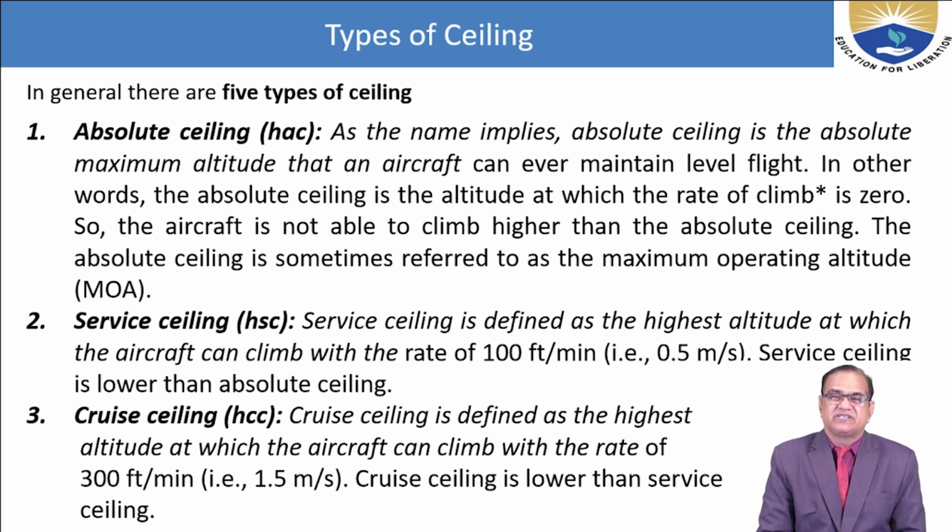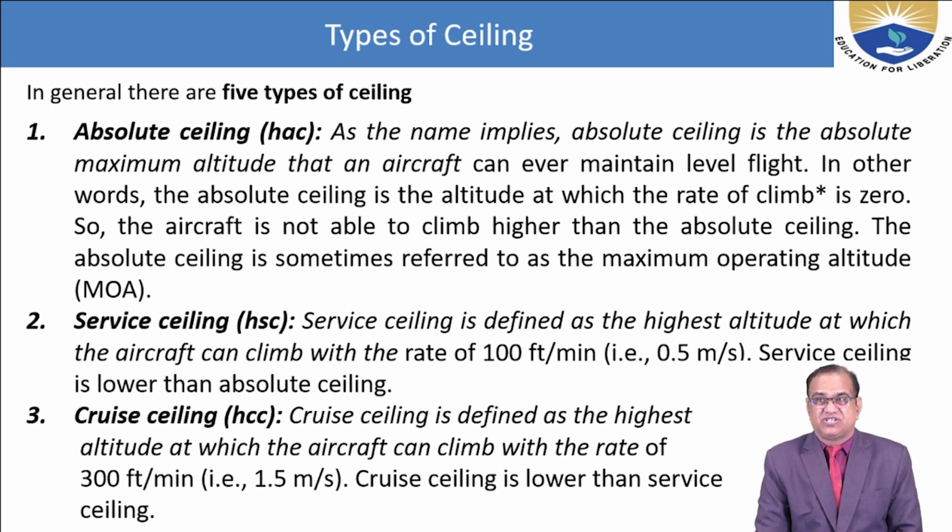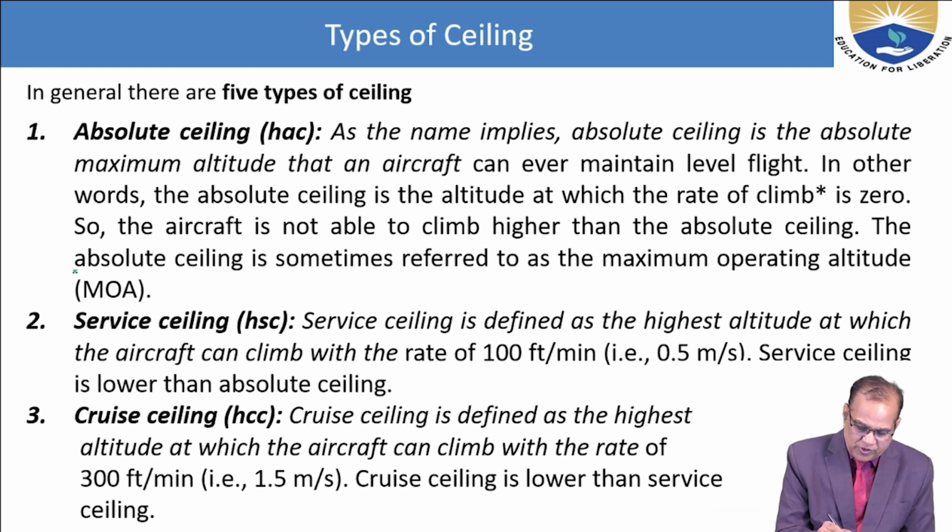In other words, the absolute ceiling is the altitude at which the rate of climb is 0. Just now I have explained in detail. So the aircraft is not able to climb higher than the absolute ceiling. The absolute ceiling is sometimes referred to as the maximum operating altitude, that is MOA.